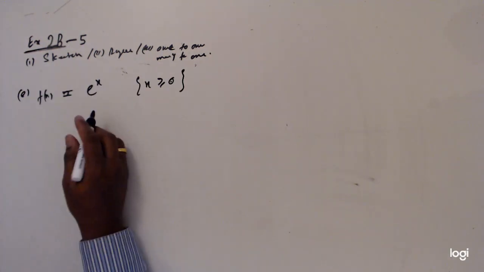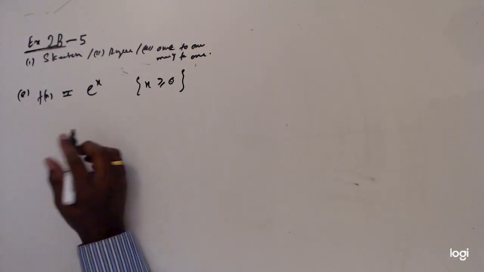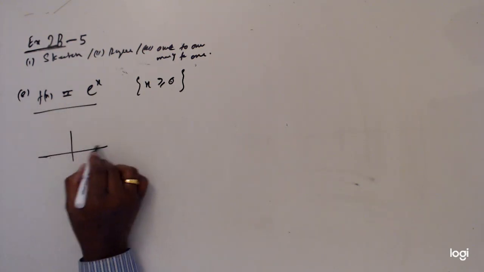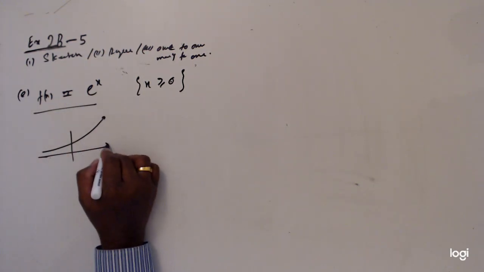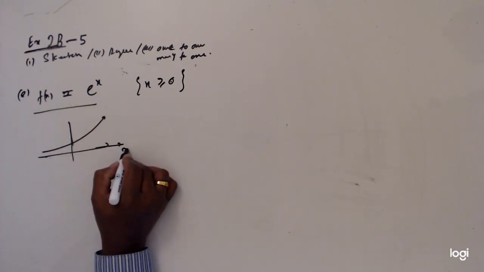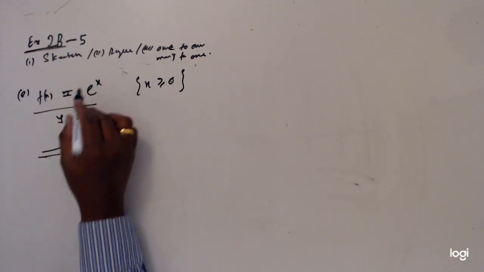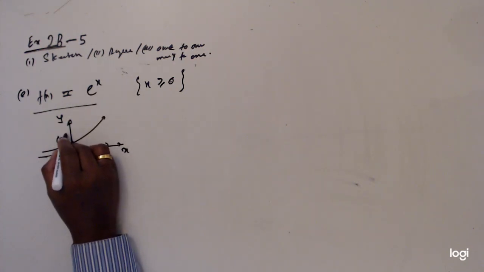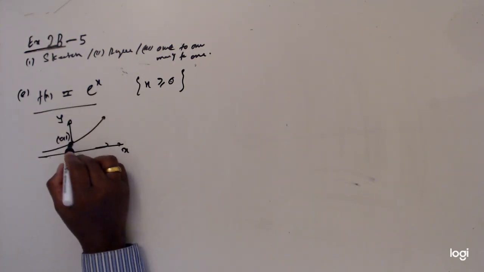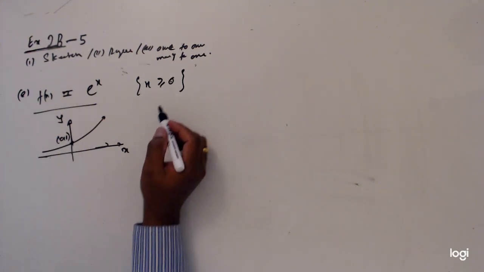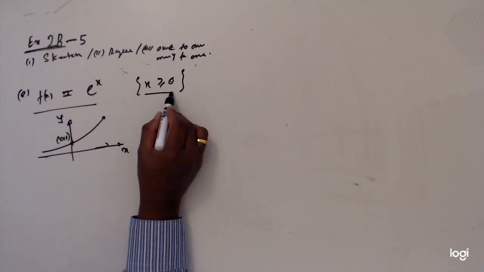For this one, you should remember the f(x) equals e to the x graph first. So this graph you can remember something like this. And we know that this x value is 0, this is the 0, 1 coordinate. The y-intercept is 1. And now we'll apply the domain. x can't be any negative values.